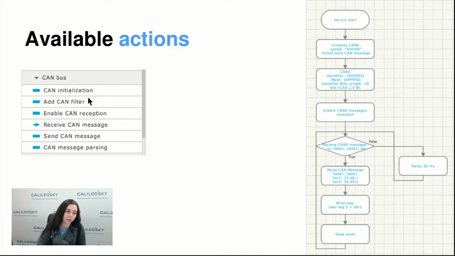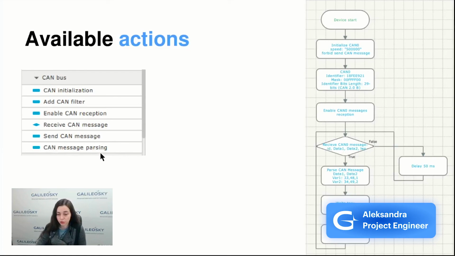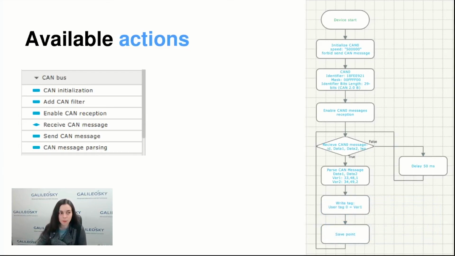What blocks do we have here? It is CAN initialization, adding CAN filter, enabling CAN reception, receiving and sending CAN message. Here in the picture you can see receiving and CAN message parsing. And now we will tell about each block, about nuances of its usage in detail.